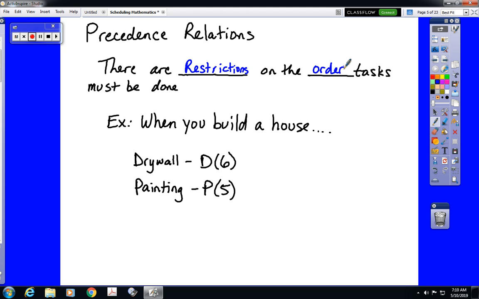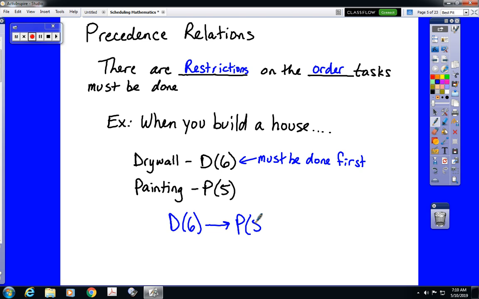Like we said before, for example, if two of our tasks were to drywall the house and paint the house, we would have to do the drywall first, because if we don't do the drywall first, there's nothing to paint. So we would indicate this using what is called a precedence relationship.